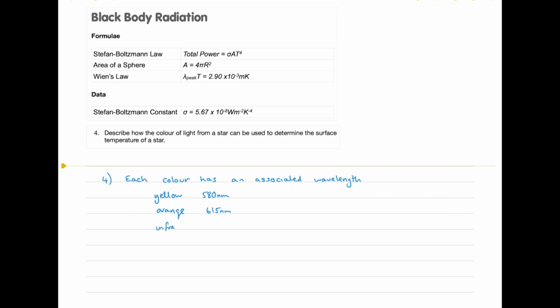Infrared radiation, you can't see it in the visible spectrum, but you can see it through an infrared camera, it's got a wavelength of around 700 nanometers. I mean, ultraviolet can be all the way down to 100 nanometers. So having a rough idea of what these wavelengths are associated with colours or parts of the electromagnetic spectrum can be useful.